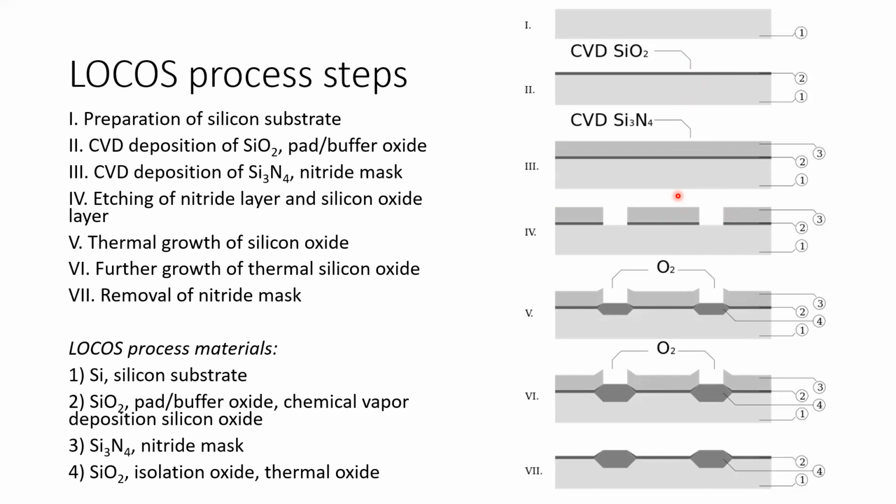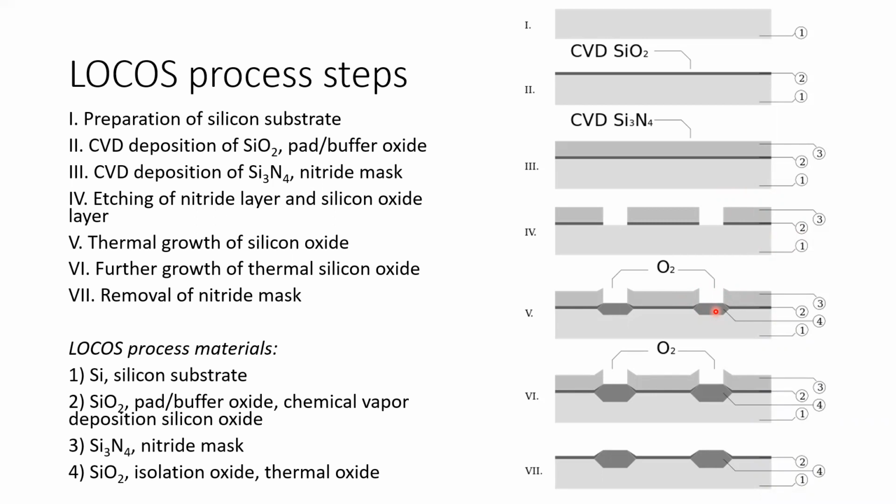Then we deposit a photoresist pattern using photolithography, and then we etch the silicon nitride. Then we use the silicon nitride as our mask to etch the silicon dioxide buffer layer. Of course, we remove the photoresist, and then grow this field oxide using thermal oxidation.